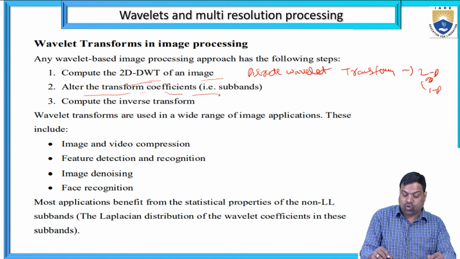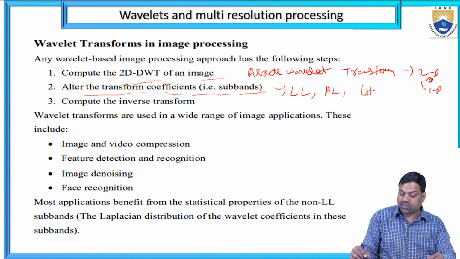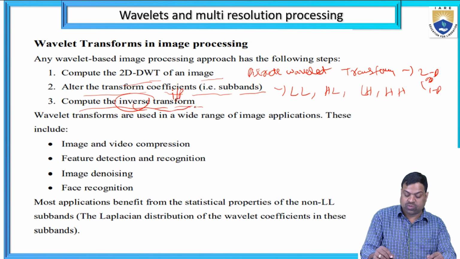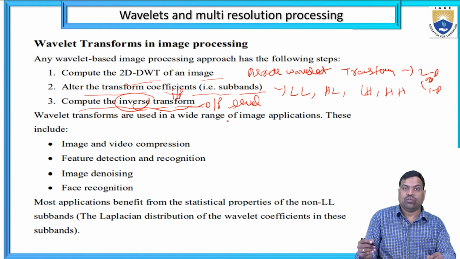Alter the transformation coefficients, that are the subbands: LL, HL, LH and HH. Then compute the inverse transform. The first one is the transformation at the input; the inverse transformation is at the output level, for getting the original input. So, denoising of the image.